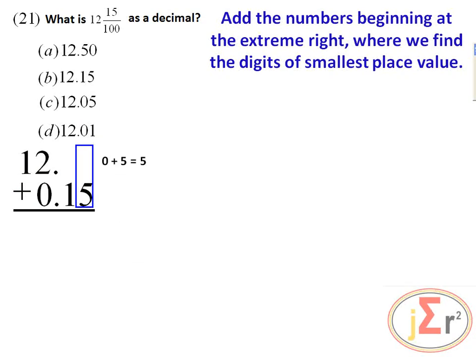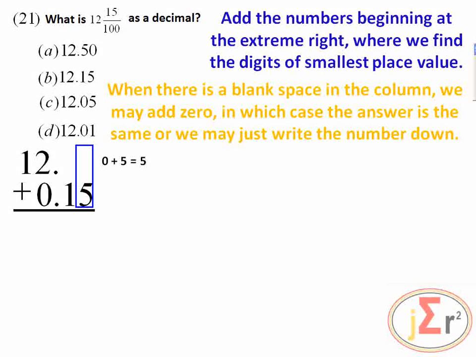So 0 plus 5 is equal to 5. Add the numbers beginning at the extreme right, where we find the digits of least significance or smallest place value.